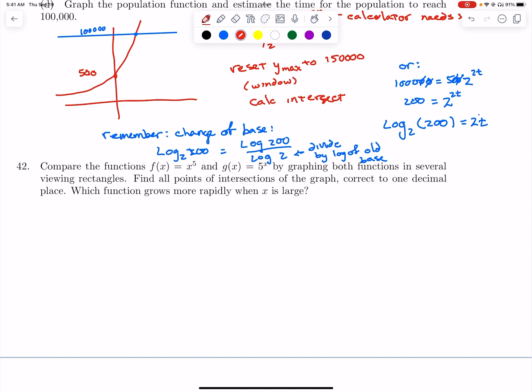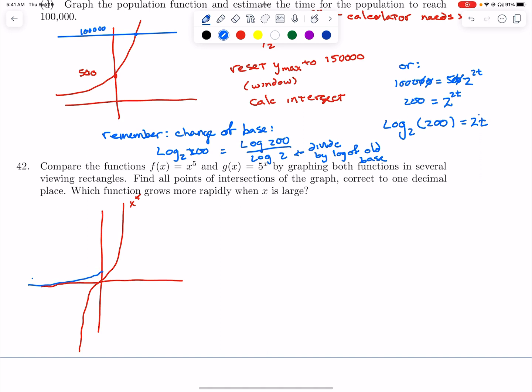What does x to the 5th and 5 to the x look like? Well, x to the 5th, quintic, looks like this. 5 to the x, again, like the front side, looks like everything else. It comes closer to the x-axis than that. Let's try that. Okay.